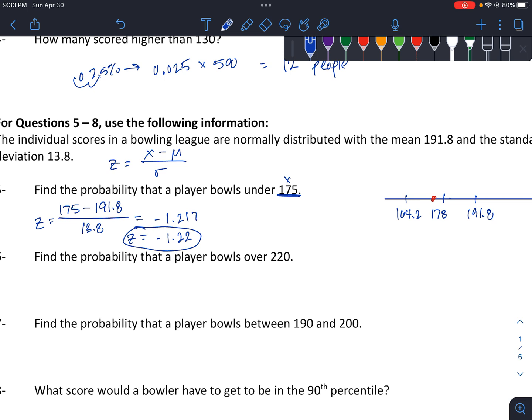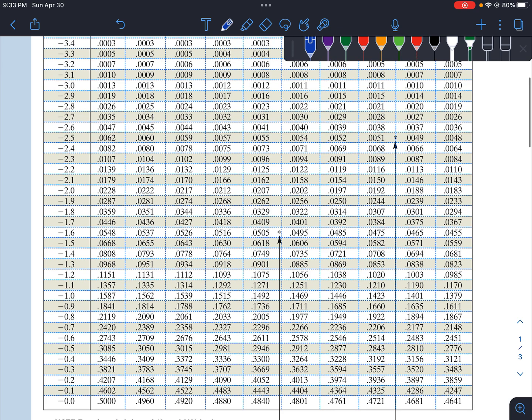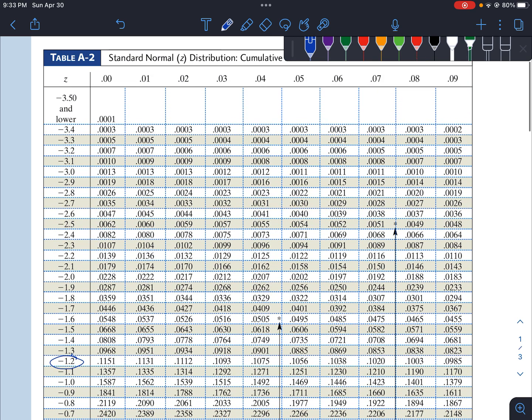So I'm going to use this z-score at my table. Again, what I'm interested in is the probability that a player scores below. So I'm going to look at the area curve, and this is the area that I'm looking for. So go to the z-table, and on the negative z-score side, go to negative 1, so negative 1.22. This column and this row, that's negative 1.22.